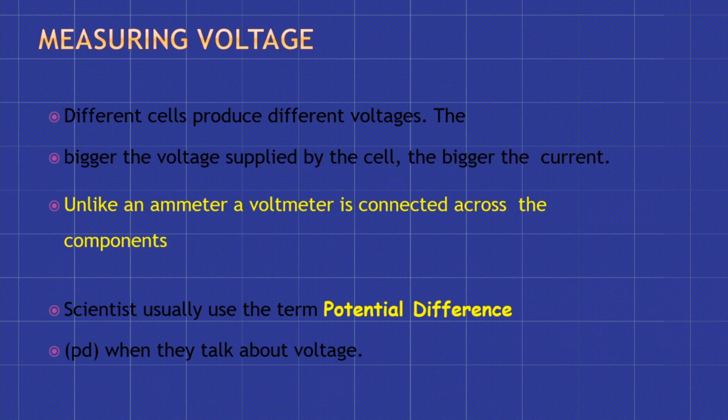Different cells produce different voltages, and the bigger the voltage supplied by the cell, the bigger the current will be. Unlike an ammeter, a voltmeter is connected across the components, and scientists usually use the term potential difference, or PD, when they talk about voltage.